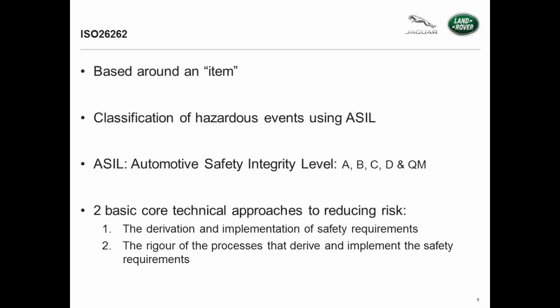There is the aspect of deriving and implementing safety requirements that define how the system should behave safely, what fault detections are required, and then secondly, processes and process rigors that you need to meet when you implement these requirements you've derived in aspect 1. The higher the ASIL, the more rigorous the process is, the concept here.